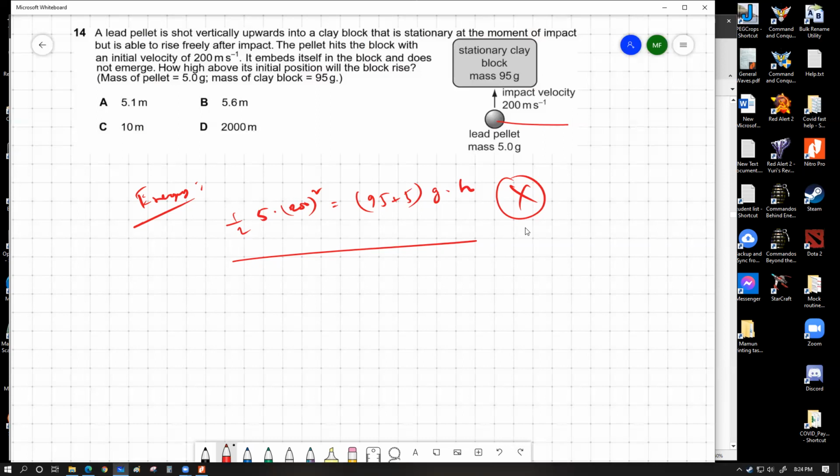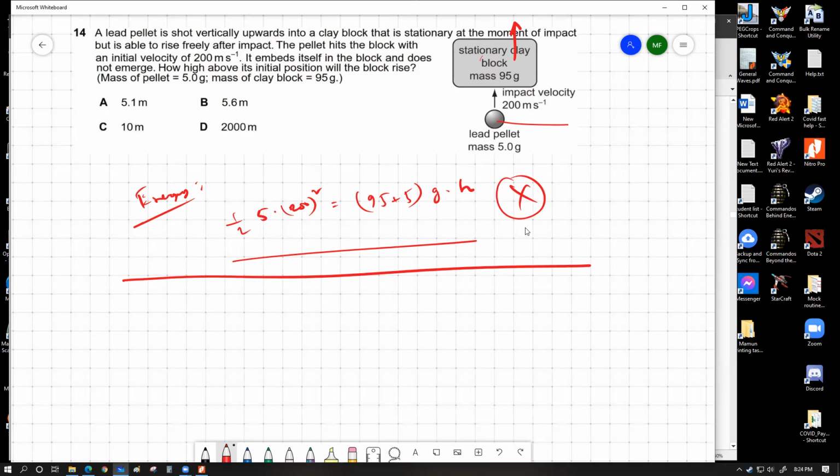The correct way to do this problem is to go in two different steps. First, we have to find the combined upward velocity of this object. Then we go by the equations of motion to find its maximum height.